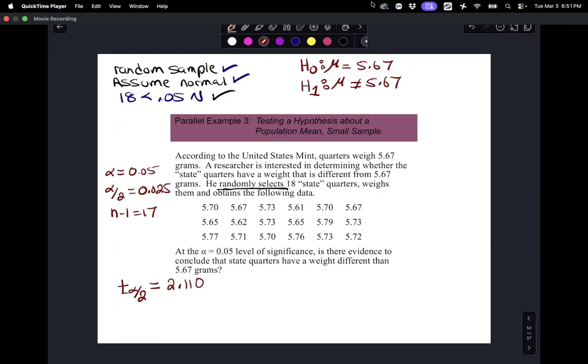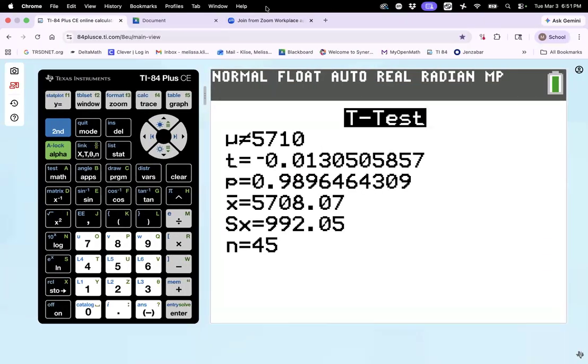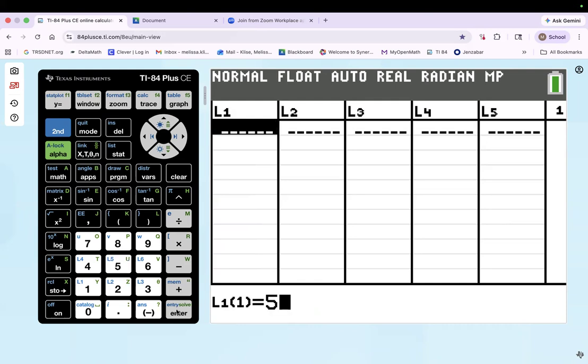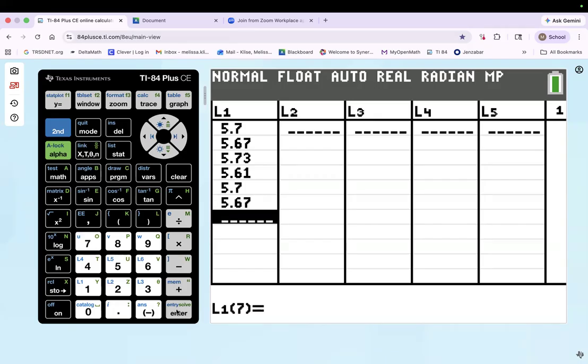Now we need to put this in our calculator. Go back over here. Go to my list. Kind of wish I'd have done this ahead of time, but it's okay. You all need time to put it in your calculator too. 0.7. I just did something weird.